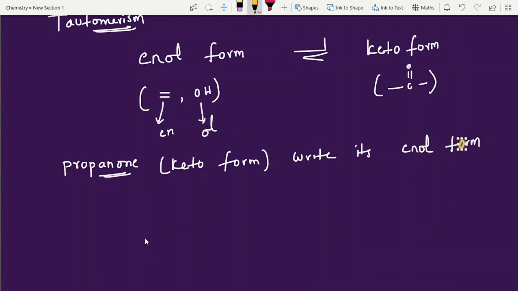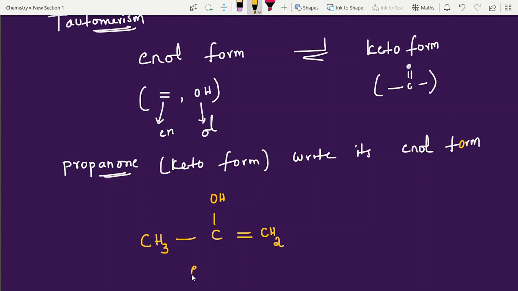First I am taking the enol form. CH3. See, look into this.